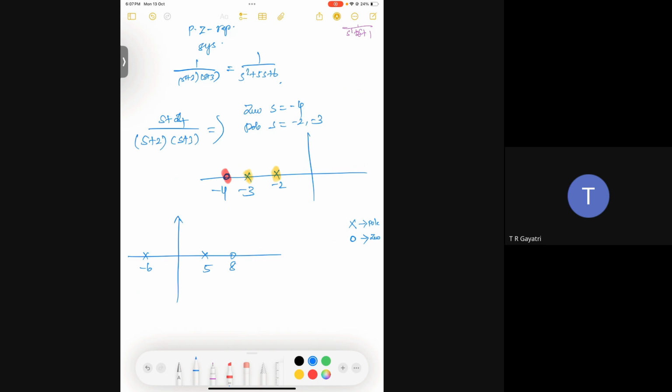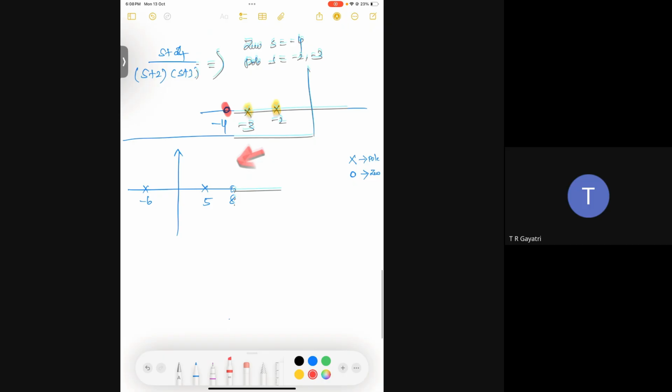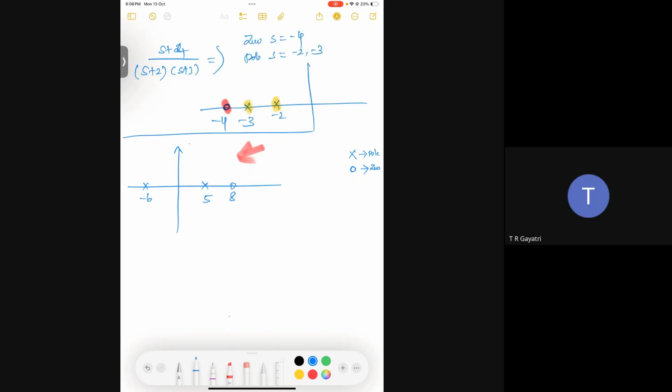If I just give this figure, can you write the system from this figure? Can you write the system from this figure and type it in the chat box? How will you represent the system?